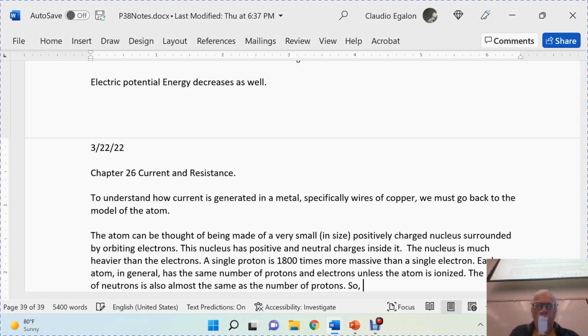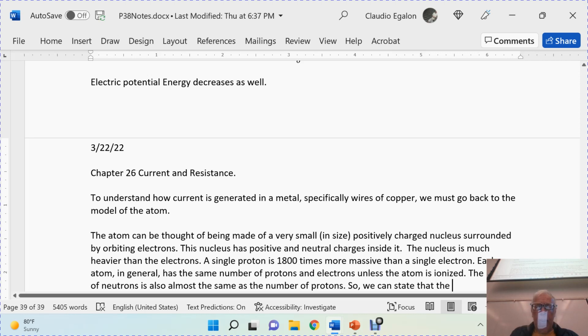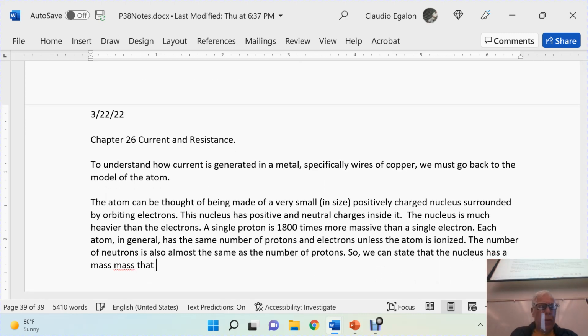So we can state that the nucleus has a mass that is approximately 3,600 times the mass of all electrons orbiting the nucleus.